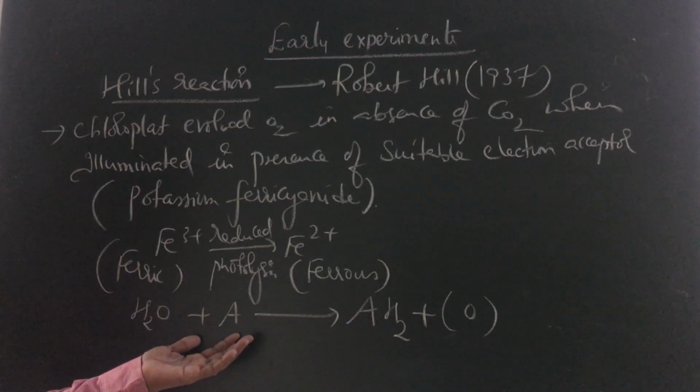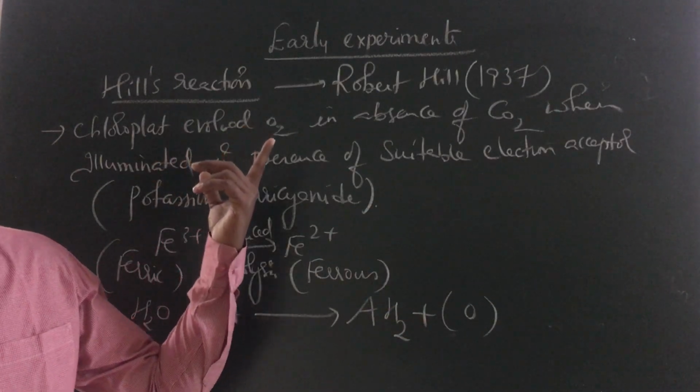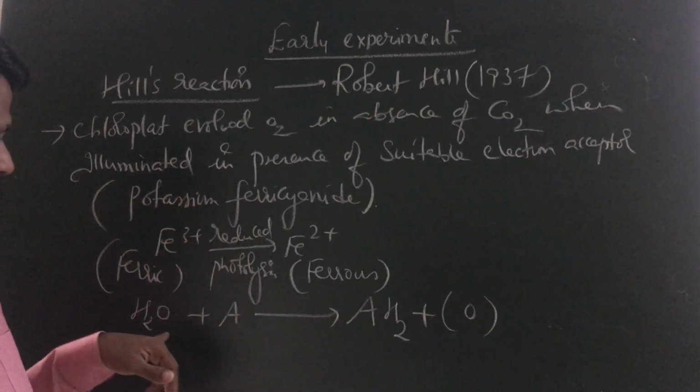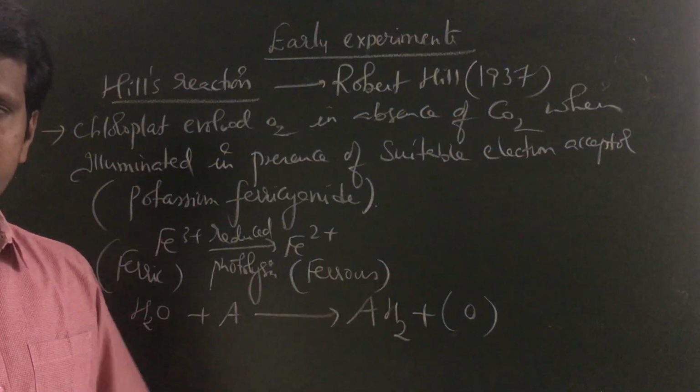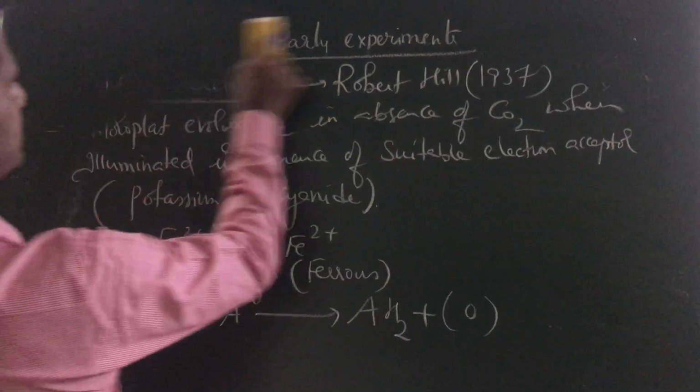That indicates that oxygen is always produced from water. Previously, in the Rubin and Kamen experiment, when water was absent there was no oxygen. This is also proved by Hill's reaction, the other experiment which says the same thing, that oxygen is always evolved from water. So these are the early experiments carried out by different scientists.